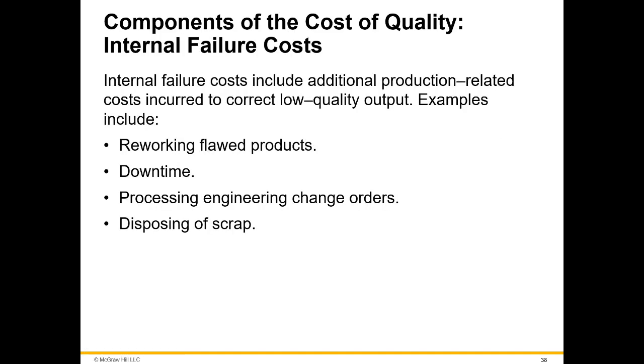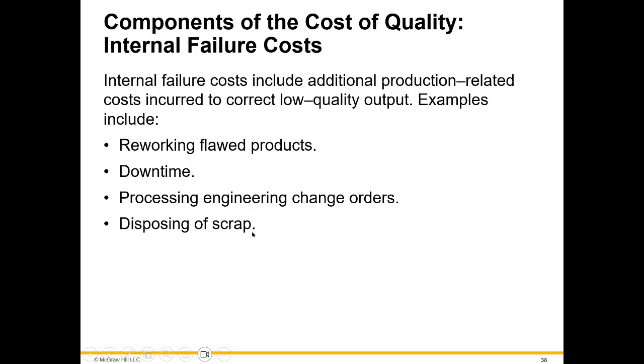The third cost, internal failure costs. Okay, so if we have low quality production related costs, then we've got to rework flawed products. We have downtime as we fix the equipment. We change part of the process to take care of the defects and the disposing of scrap.